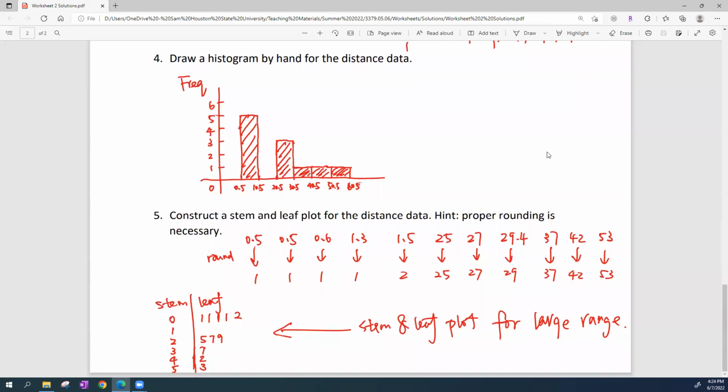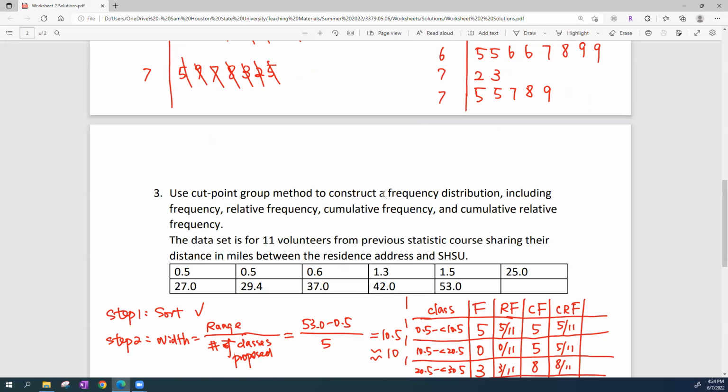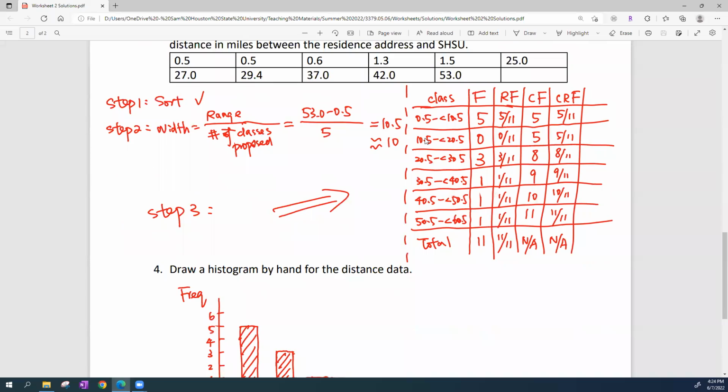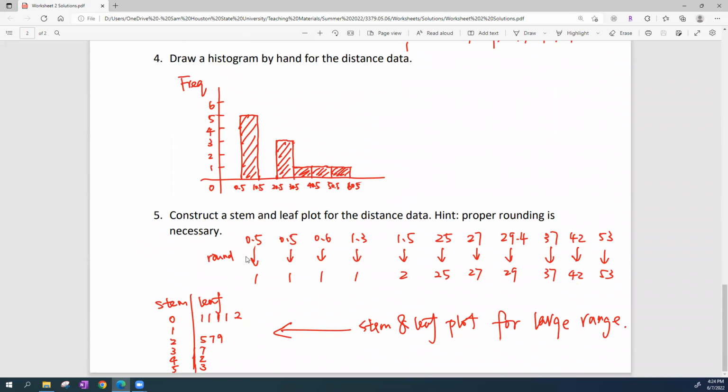Okay, number 5, we want to construct a stem and leaf plot for the distance data. We have a hint here: proper rounding is necessary for the distance data for this one. The data we have are listed below: 0.5, 0.5, 0.6, up to 53. If we don't do any rounding and just separate the stem and leaf by the decimal point, we end up with 0.5, 0.5, 0.6, 1.3.